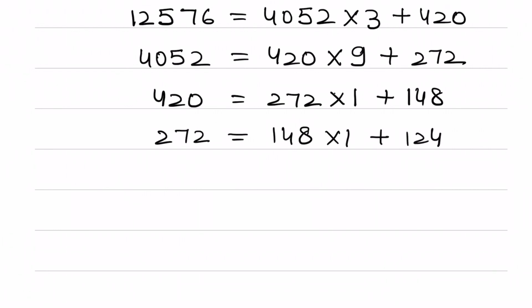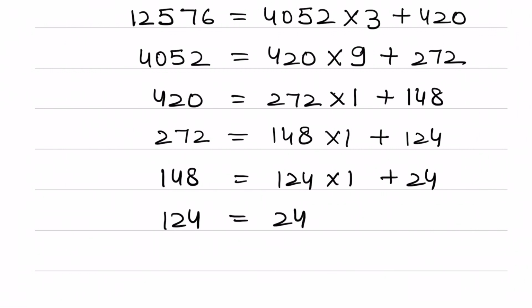Still the remainder is not 0. So again we apply the division lemma to 148 and 124. So 148 is equal to 124 times one and we get the remainder as 24. Remainder not yet 0. So we apply the division lemma to 124 and the divisor is 24, 5 times, and we get the remainder as 4.